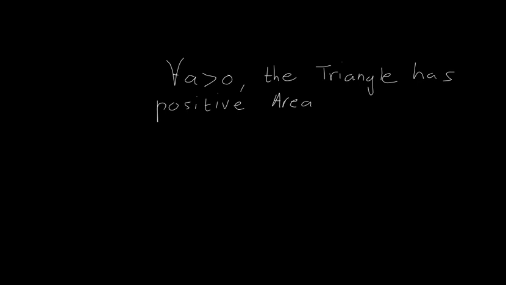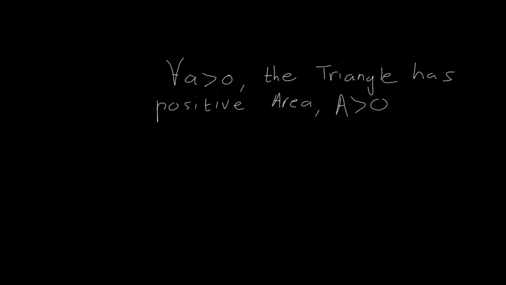Can't have negative area. So for every positive value A, the triangle has positive area. We call this A for area. So the area, capital A, will be strictly greater than zero, which is positive area.